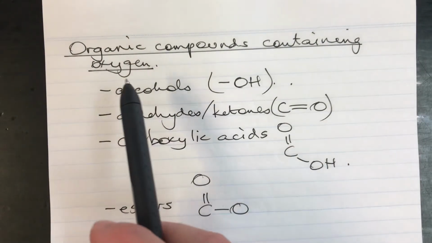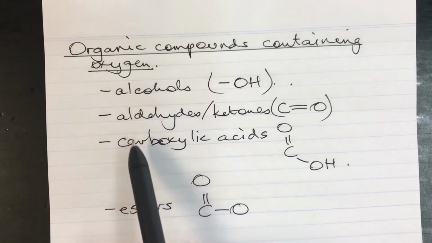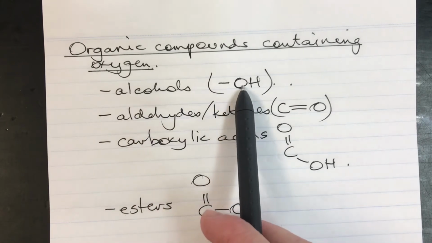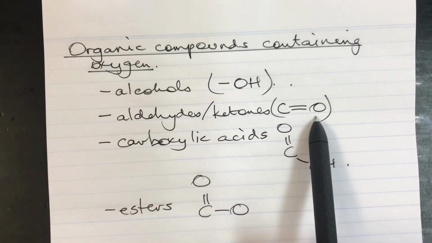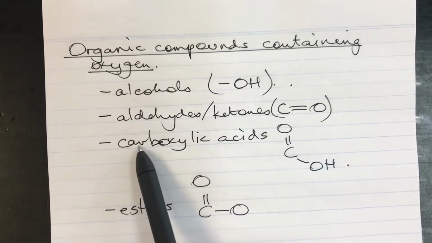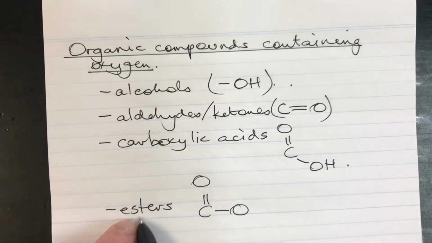So far we've been talking about organic compounds containing oxygen. They were alcohols with this functional group, aldehydes and ketones with the carbonyl functional group, the carboxylic acids with the carbonyl functional group, and the esters with the ester functional group.